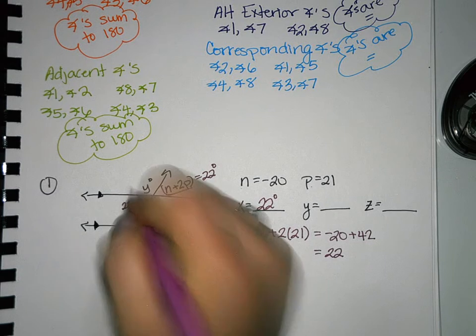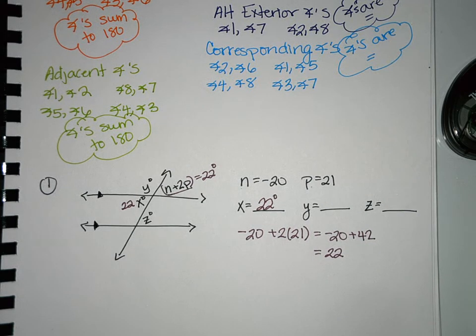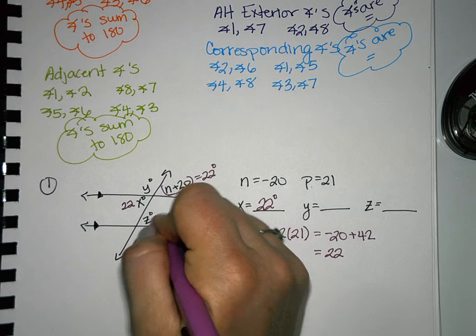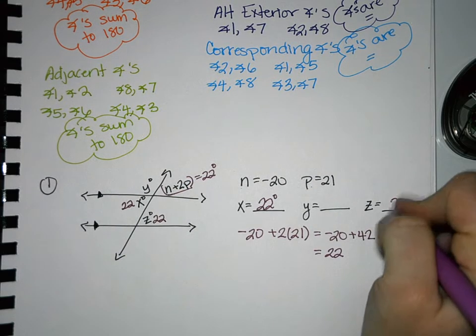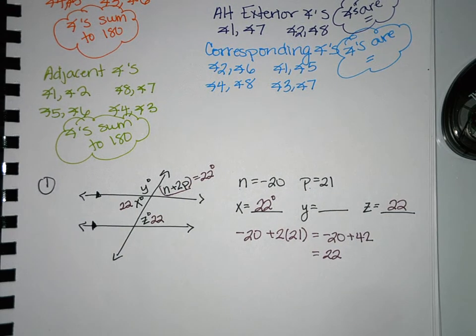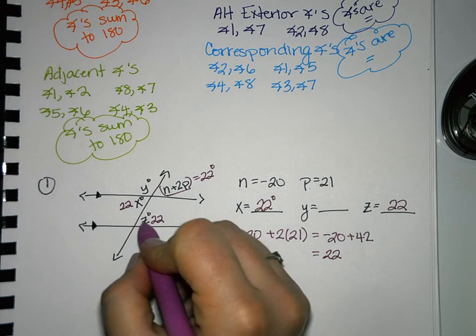Okay, what's another one we can now see? Rosemary? X and Z are alternate interiors, so we can set those equal. Okay, what about the last one, Robert? The one across from Z is vertical. The one across from Z is vertical, you're right.